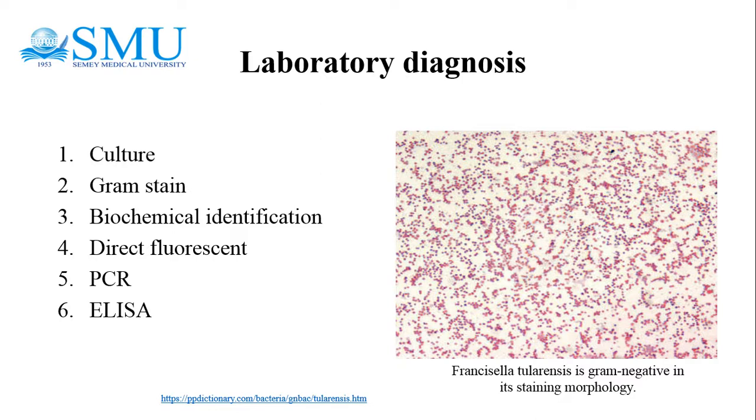The polymerase chain reaction assay has been used to detect Francisella tularensis-specific genes encoding the outer membrane proteins. It can also differentiate subspecies. Antibody detection is the mainstay of diagnosis, as isolation is difficult. Agglutination tests, latex and tube agglutination, and enzyme-linked immunosorbent assay formats are available.